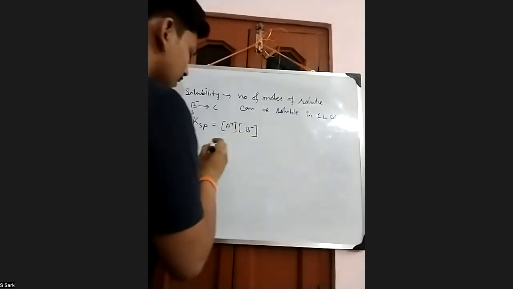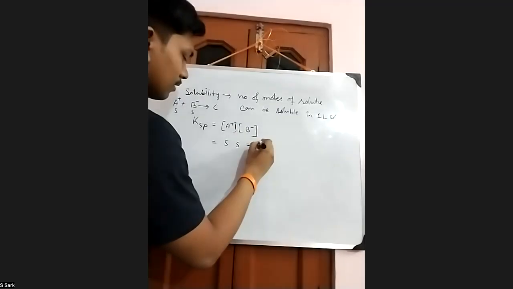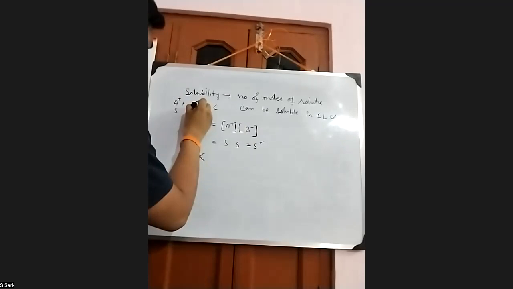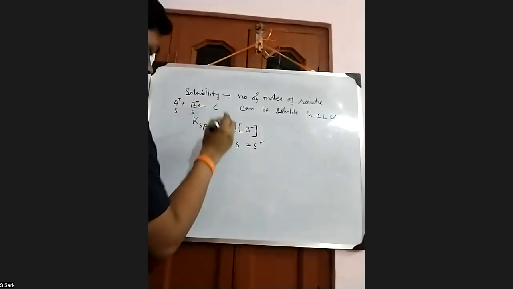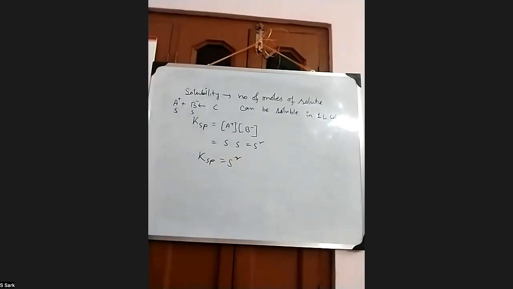The final solubility product will be this. KSP equals S square. By this equation, we can get the value of solubility product.